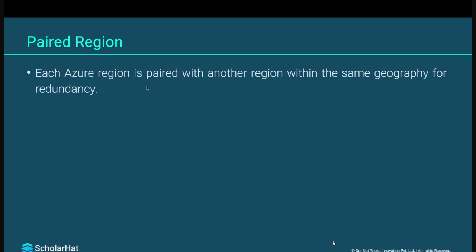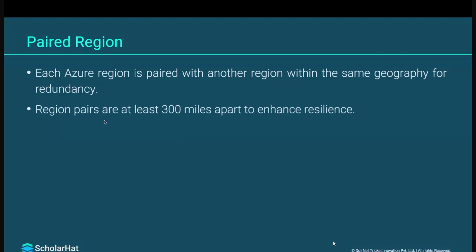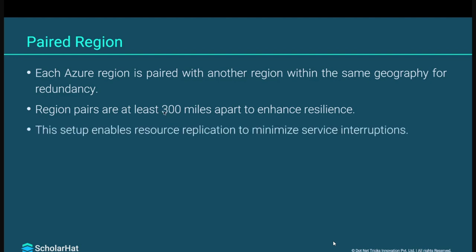Second important thing is regions are not 100% isolated. Your resources will be isolated, though they can communicate to other resources in different regions. That means regions are paired. So you can create a server in one region and create, let's suppose, a database in another region, or a fallback or a backup in another region, so that your server can still communicate with resources in another region. There are certain rules, like regions should be at least a physical distance of 300 miles apart.